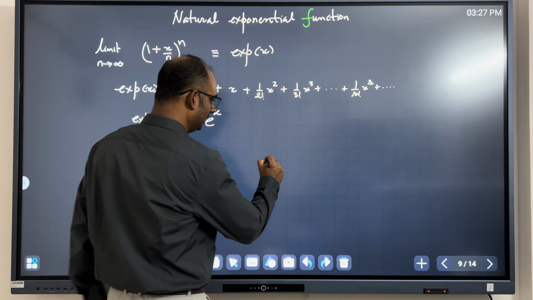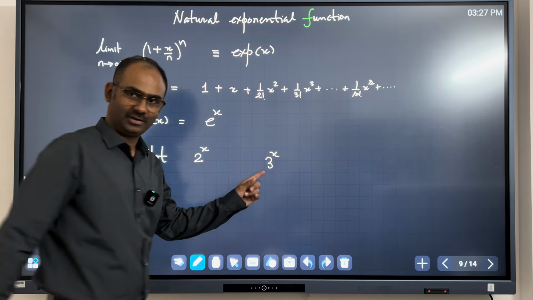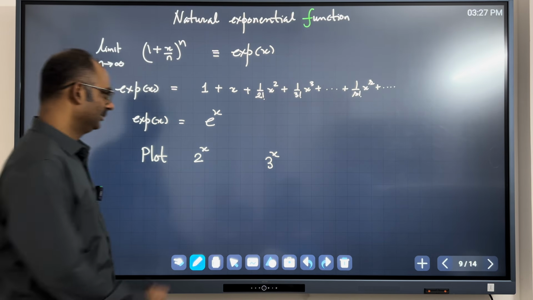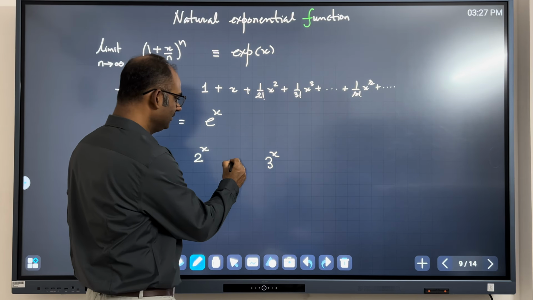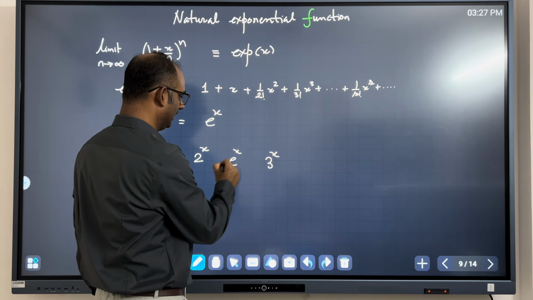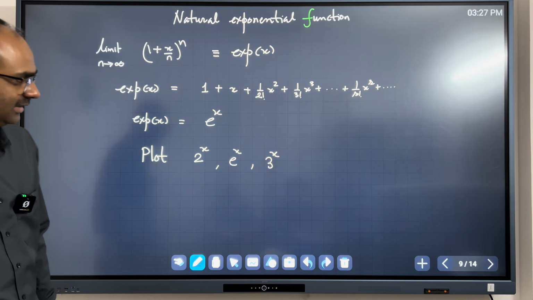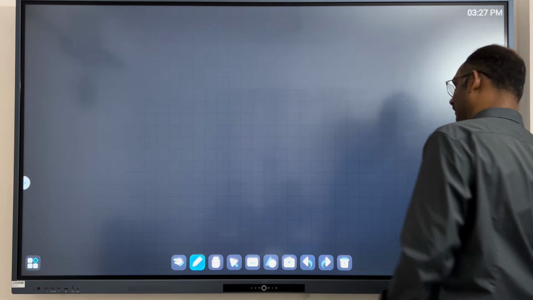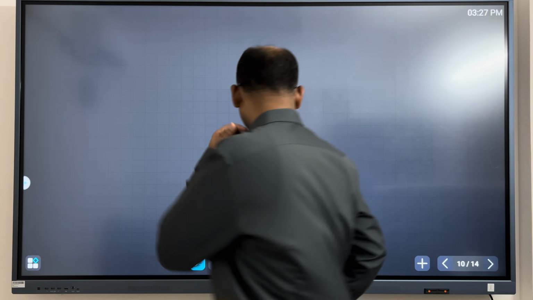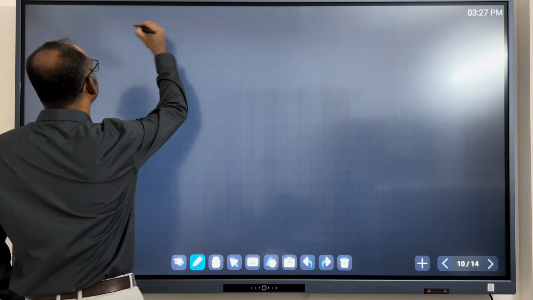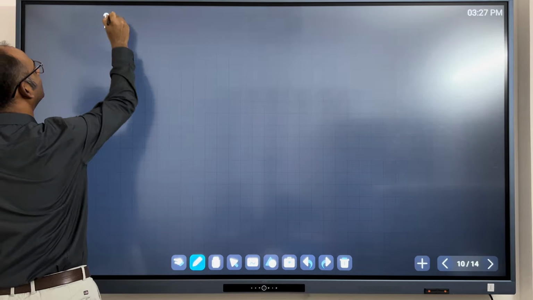Then I will also plot 3 to the x, and because e comes between 2 and 3, I will also plot e to the x, and then we will compare all these 3. Is that okay? Good.